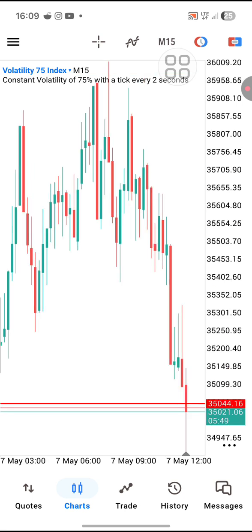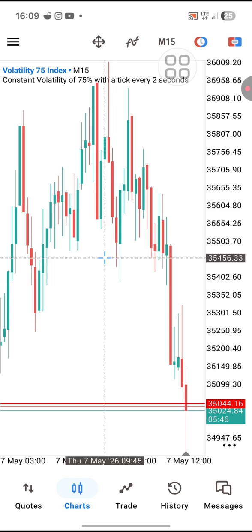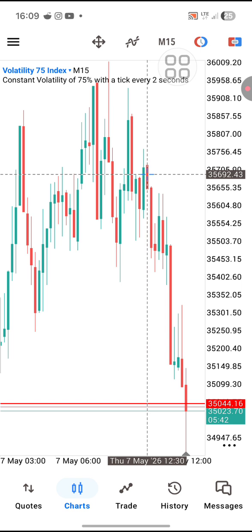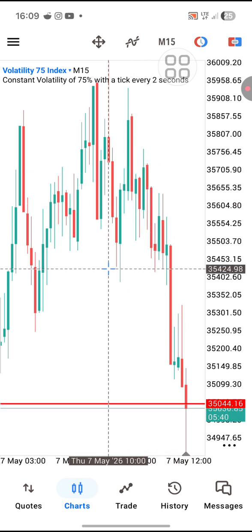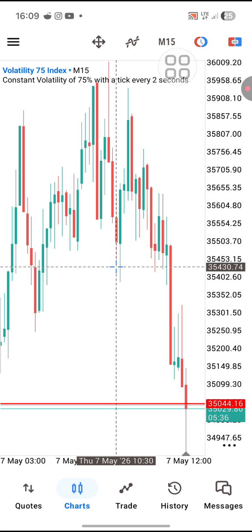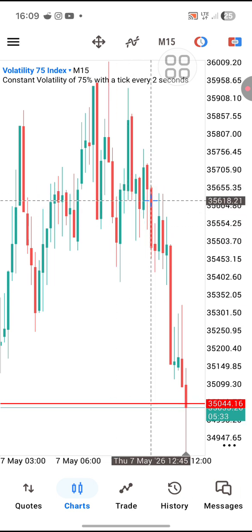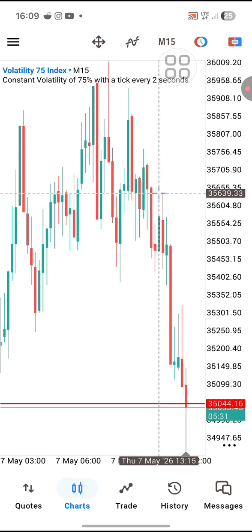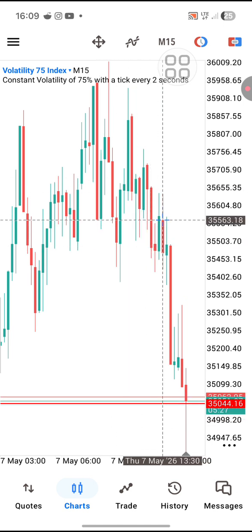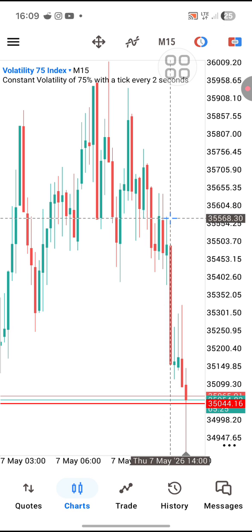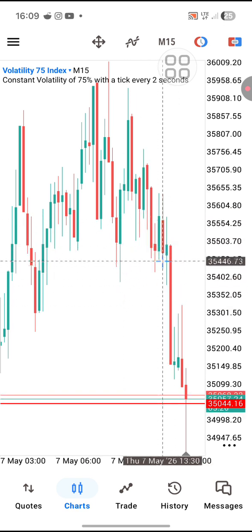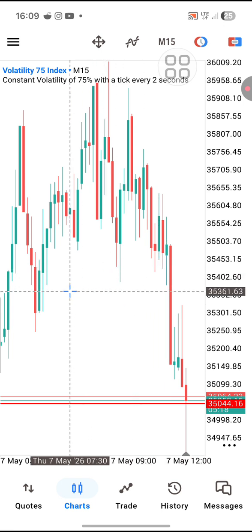So let's say, for example, I wanted to sell this commodity here. If I wanted to sell after this red candle is formed, let me say I want to sell at the break of this.